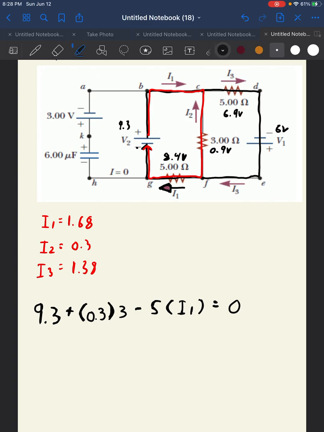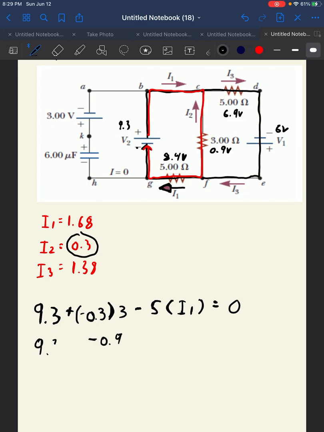So this right here would have to be negative 0.3. So 9.3 plus negative 0.3. Even though the actual current there is 0.3, we have to put in negative 0.3 because we're going in the opposite direction. So now we would have negative 0.3 times 3, which gives you negative 0.9.